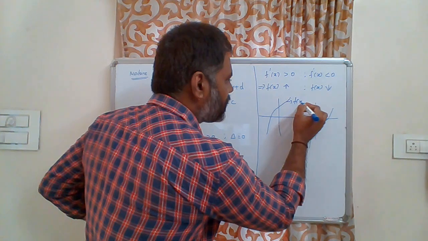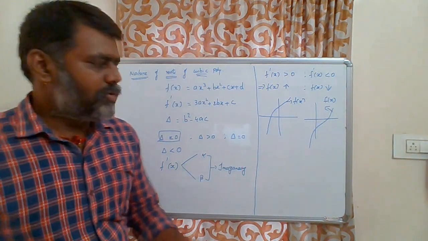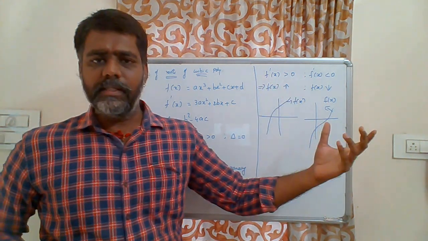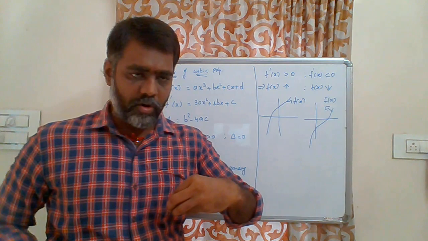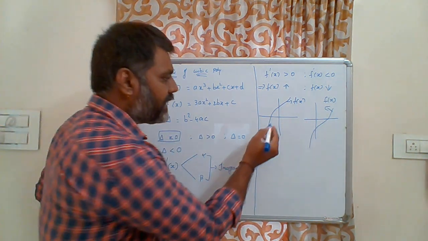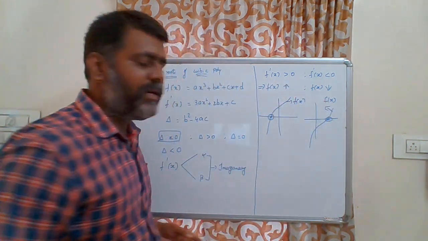So f of x is either strictly increasing or strictly decreasing. In these two cases, the graph must intersect the x-axis at only one point. So it contains only one real root.